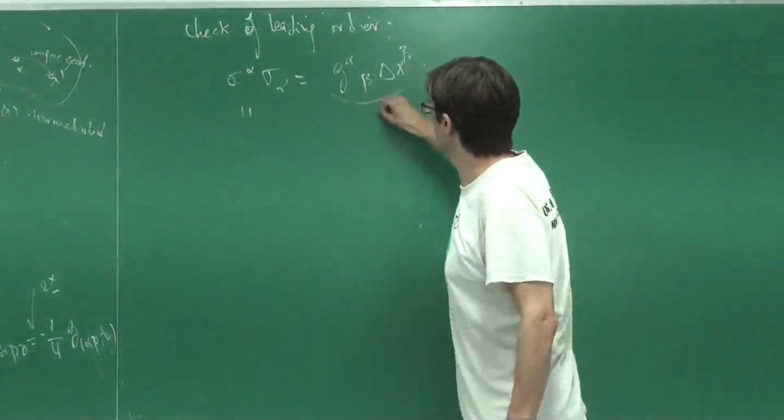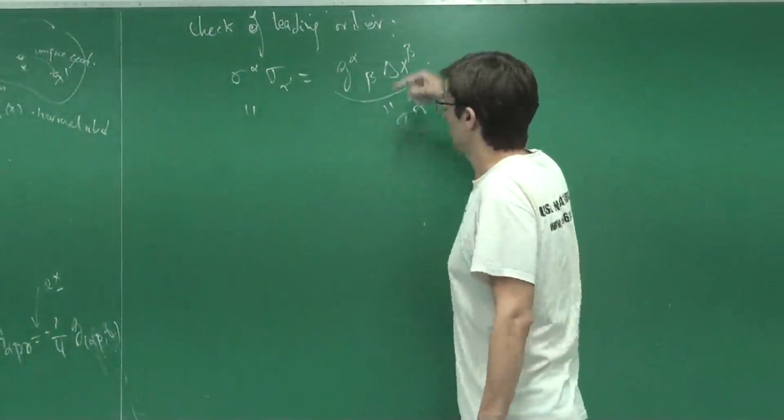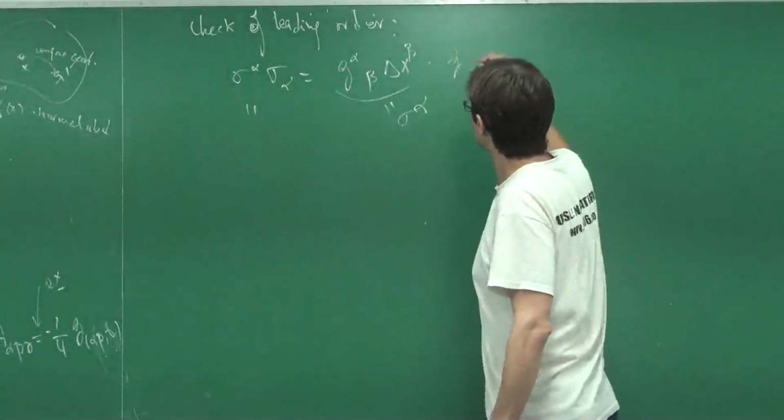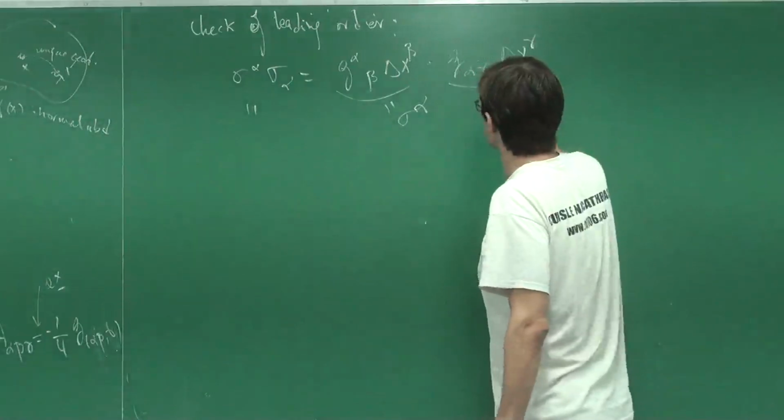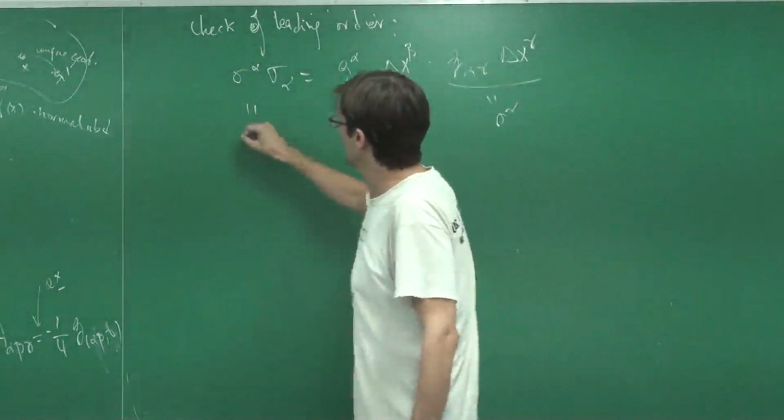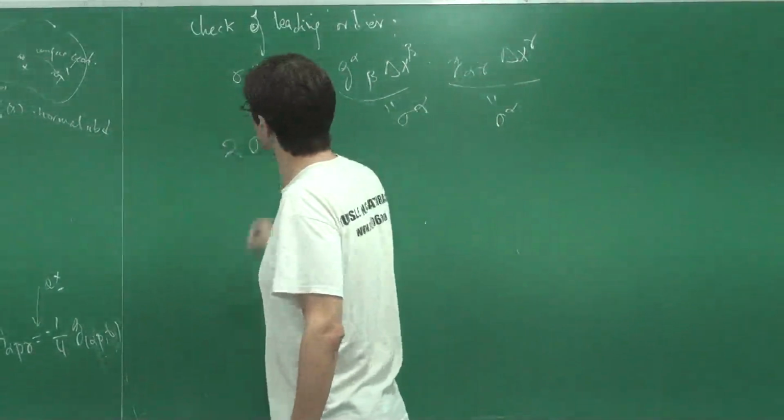So this is sigma alpha. Sigma alpha down is G alpha gamma delta x gamma. This is sigma alpha up. This has to be equal to 2 sigma.